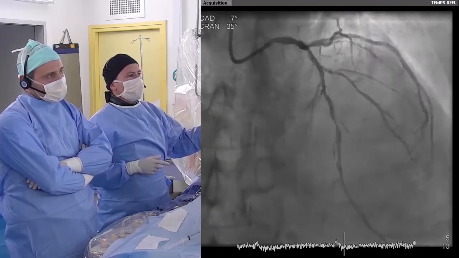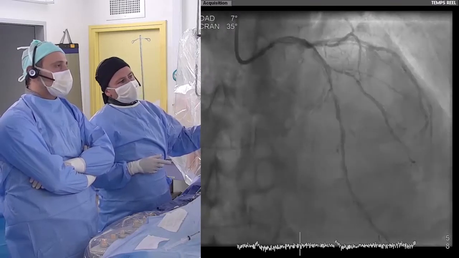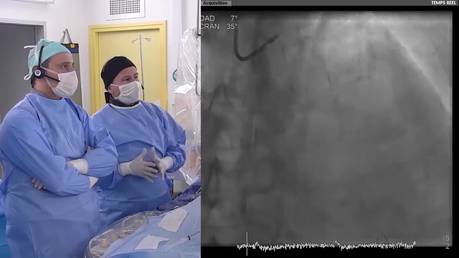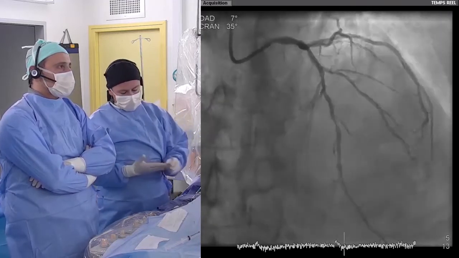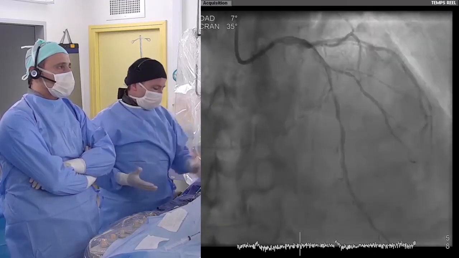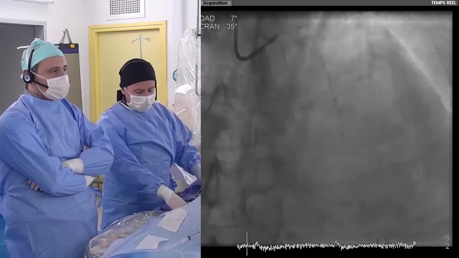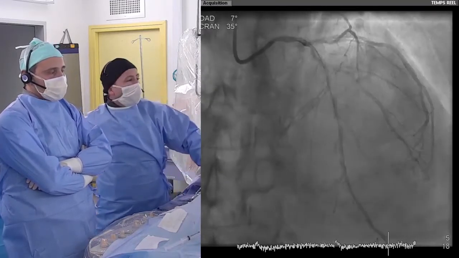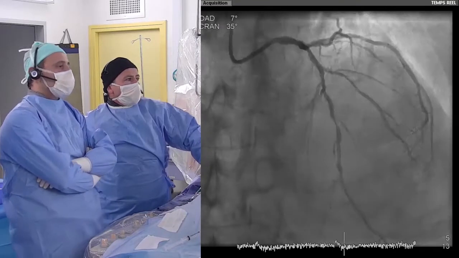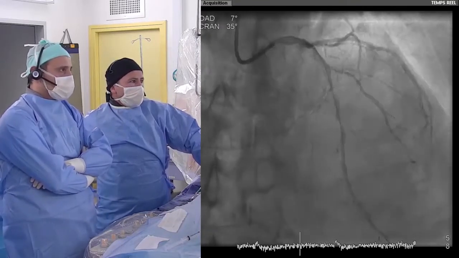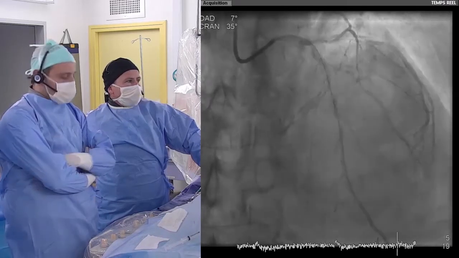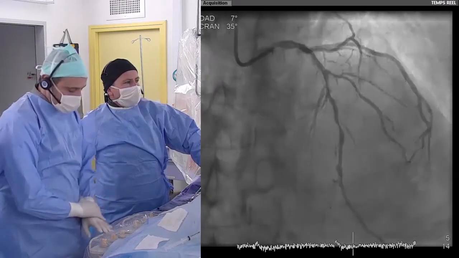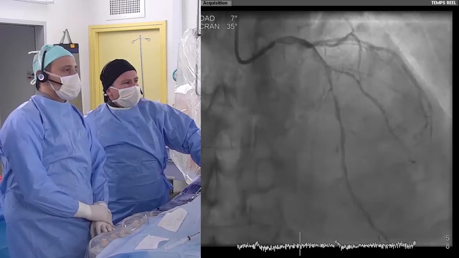We know that the RCA is occluded, and for this patient, due to the long lesion, we prefer to refer it to PCI, but I know we can discuss about bypass surgery. In the first angio, we didn't see this left main. This is a mistake, but anyway, I don't think it changed our strategy.